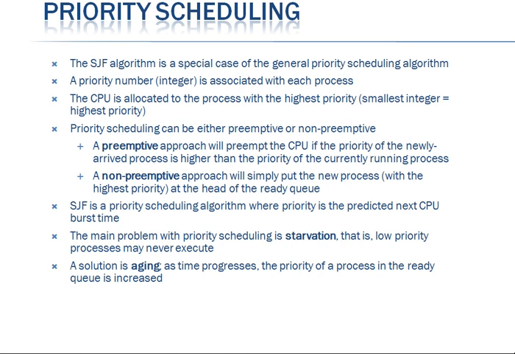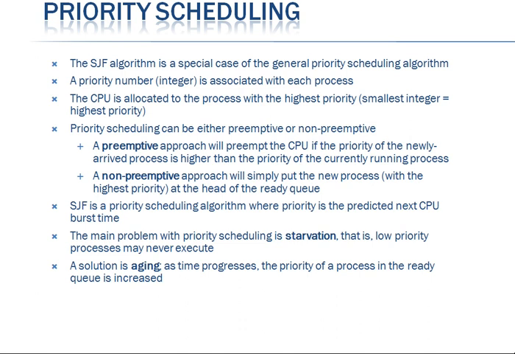If it is preemptive, then preempt the CPU if the priority of the newly arrived process is higher than the priority of the currently running process. In case you are adopting preemptive priority scheduling, you preempt the CPU if there comes a new process having a priority higher than the current process.